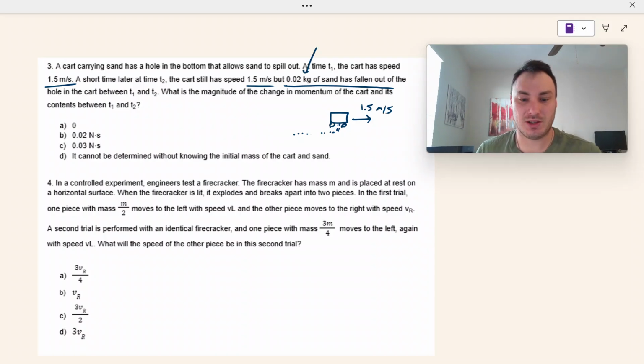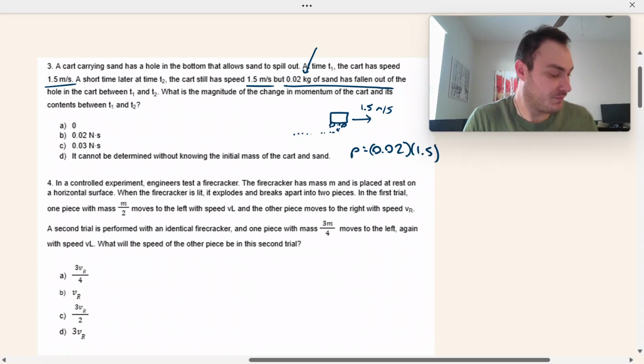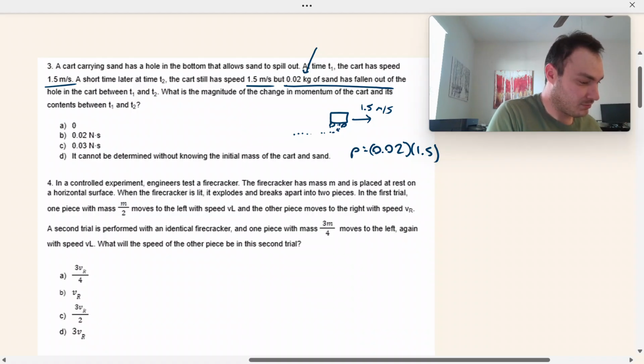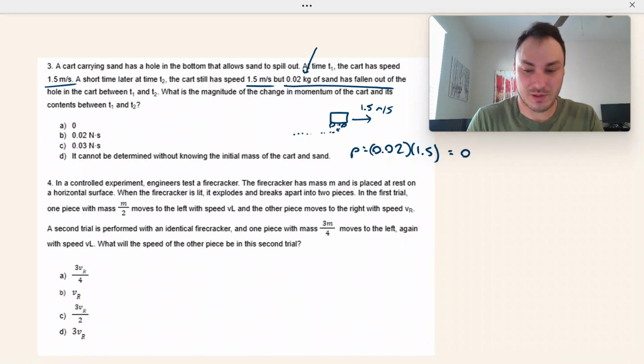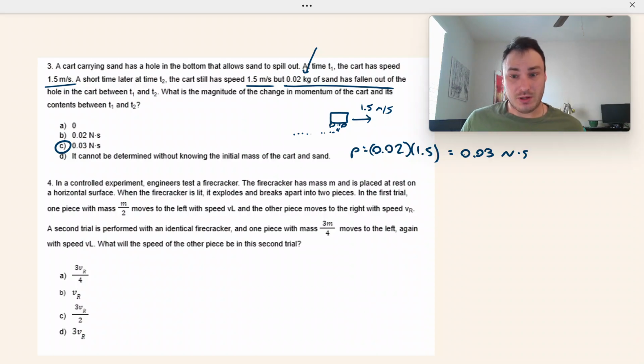So our change in momentum is just going to be that mass times the speed. So 0.02 times 1.5, which is 0.03 newton-seconds, which is a valid unit for momentum.